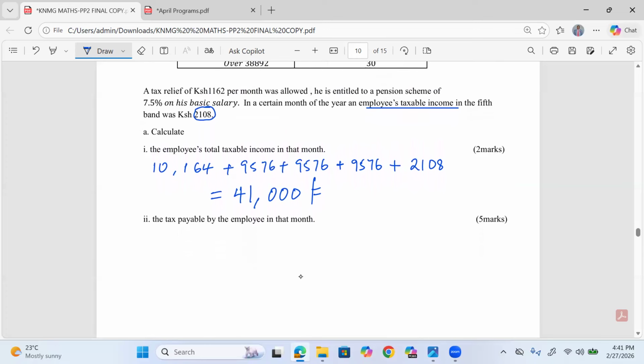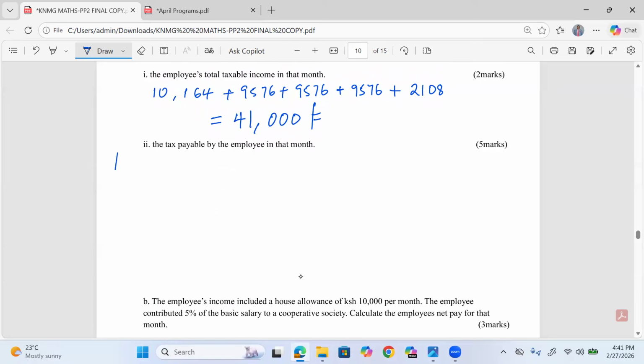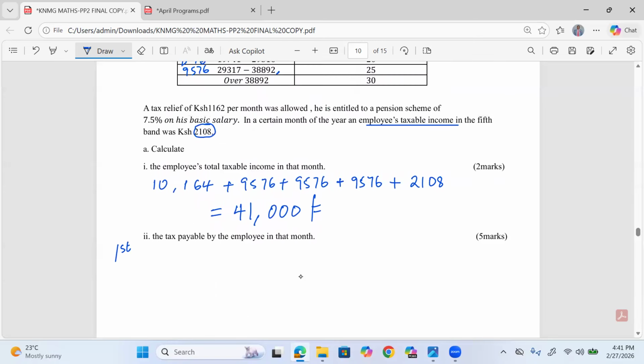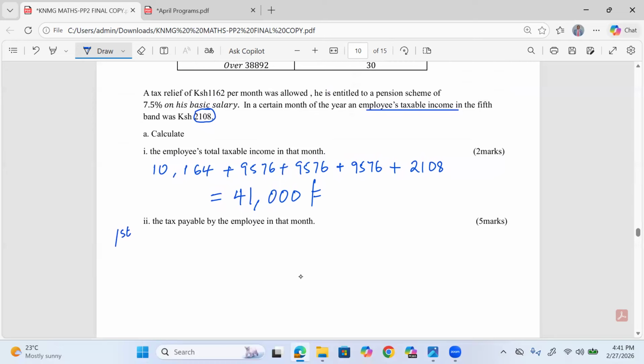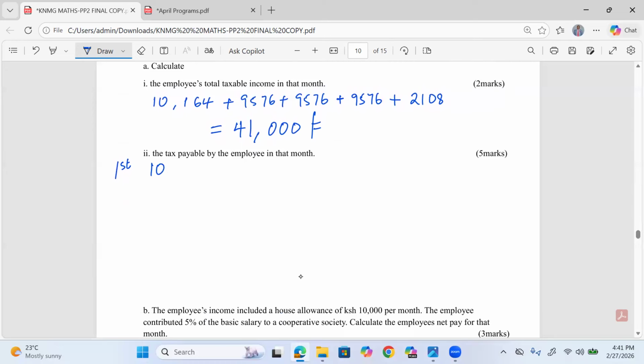So we start from the first band. From the first band, it is 10,164 by 10%. What is this giving us? 10,164 by 10% gives us 1016.4.